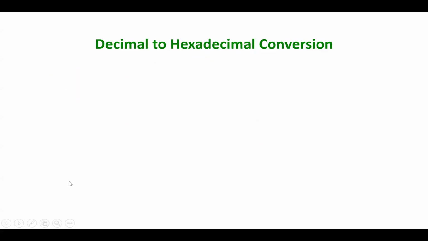Next, let us do the conversion of decimal number to hexadecimal. Once again, hexadecimal is nothing but base 16, so we have to divide the given number by 16. Let us take the same example, 65. If you want, you can pause the video and do it yourself. All right. To divide 65, 16 fours are 64. Hence, 16 divides 65 4 times and remainder is 1.